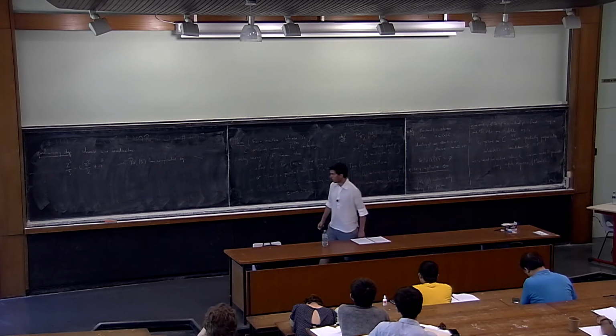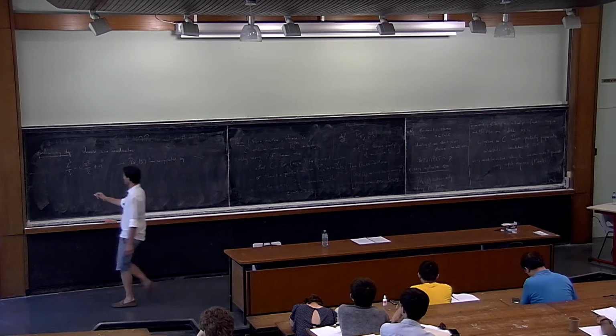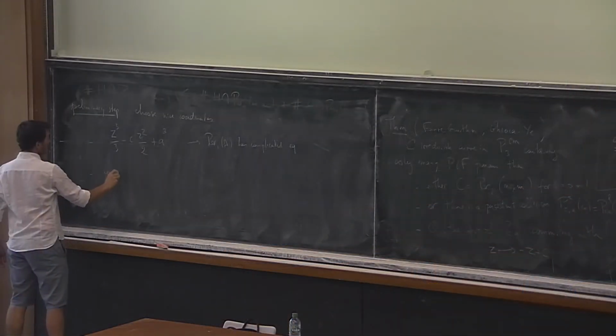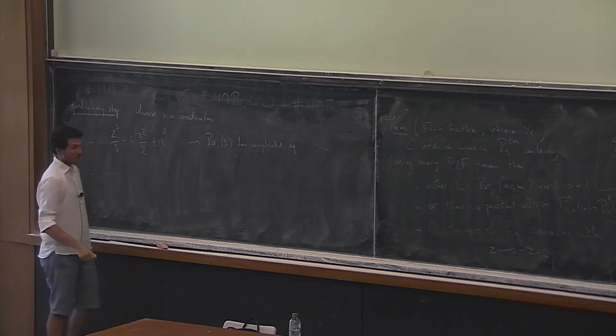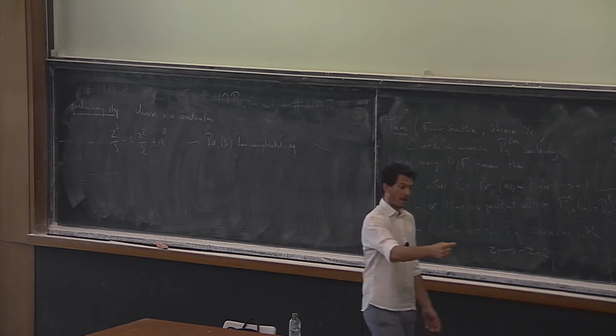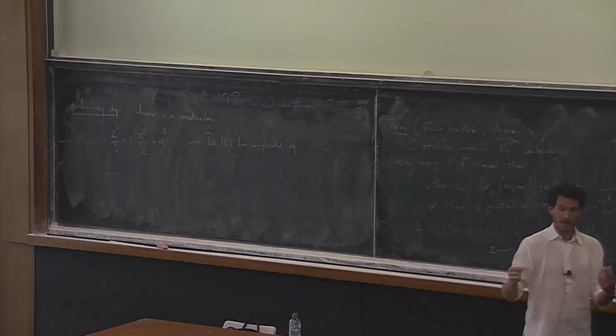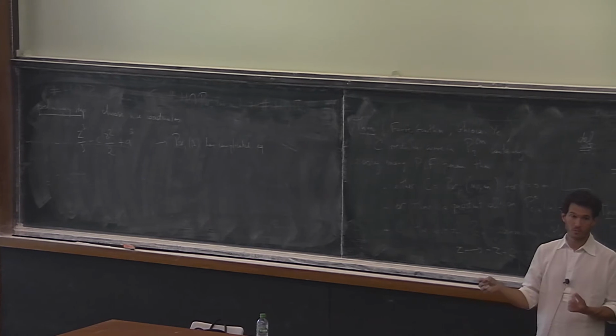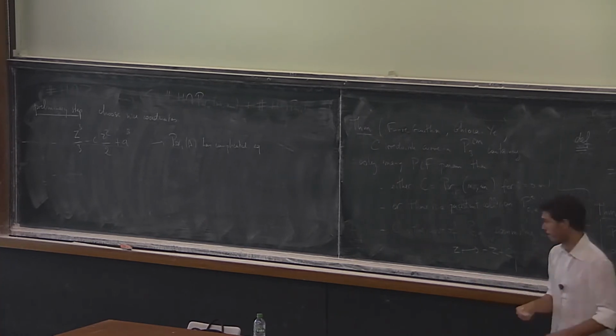What is the general form of polynomials with a fixed point of multiplier lambda? Well, I work up to affine conjugacy. I have two parameters in my affine conjugacy, so I can use one parameter to make the fixed point at 0.